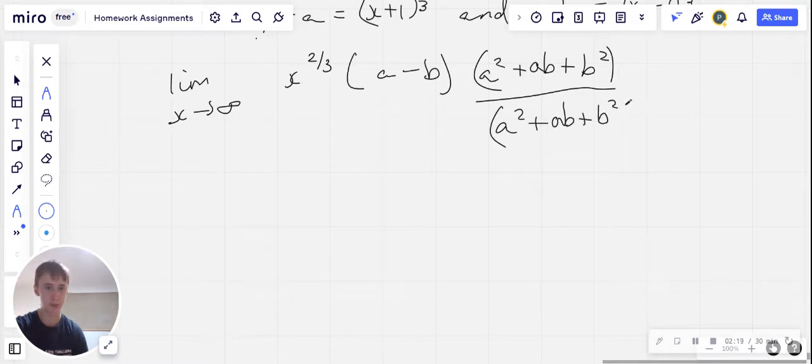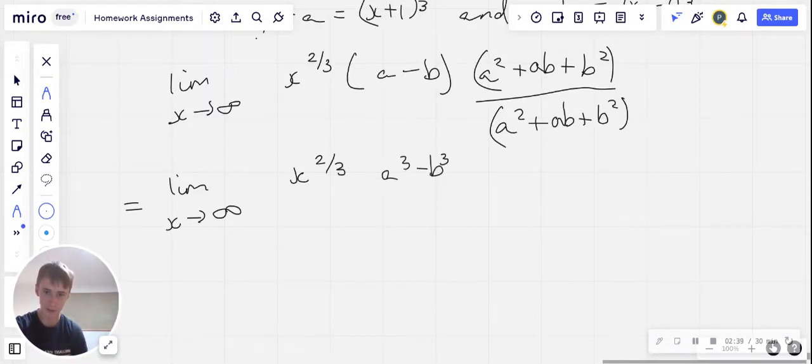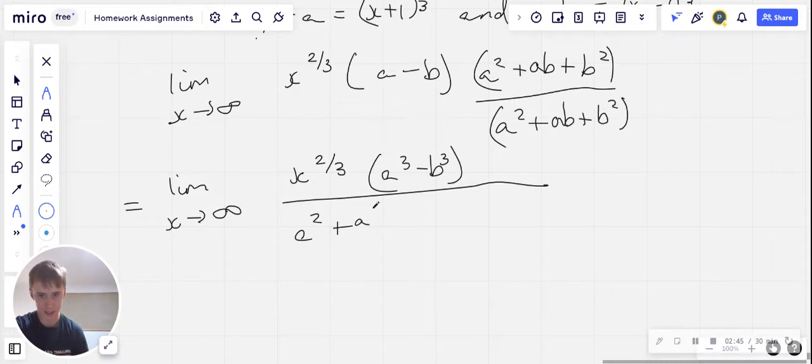We're multiplying by 1 in essence. That is going to be equal to the limit as x tends to infinity. Remember, you can't equal infinity because infinity is just a concept. And that's x to the 2/3 times a cubed minus b cubed over a squared plus ab plus b squared.